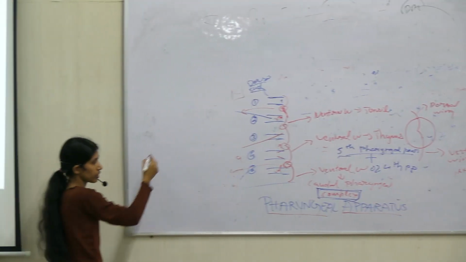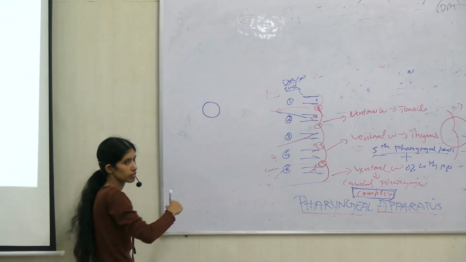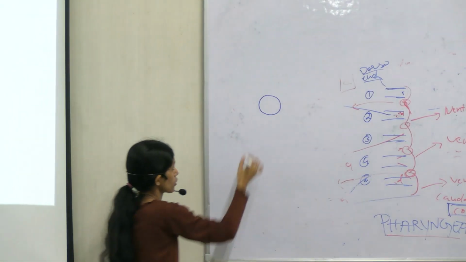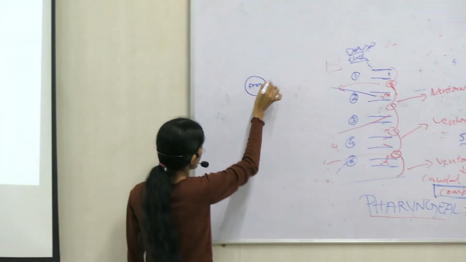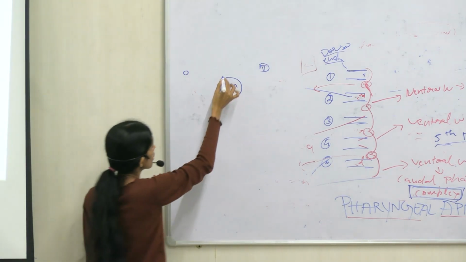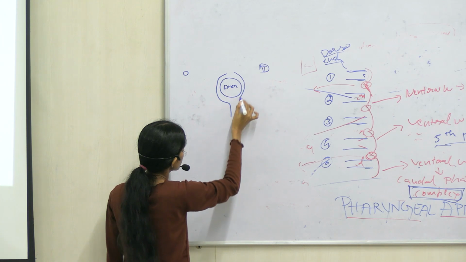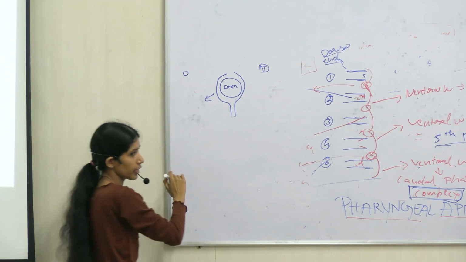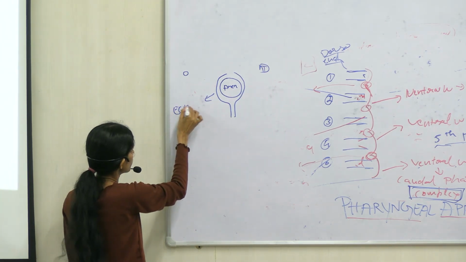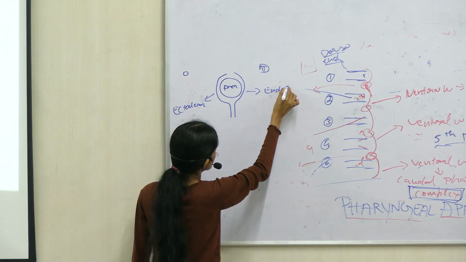This is the anterior view diagram. So, imagine this is your pharyngeal arch, and this is the inner aspect and this is the outer aspect. In the outer aspect, we have the lining of ectoderm, and in the inner aspect, we have the lining of endoderm.